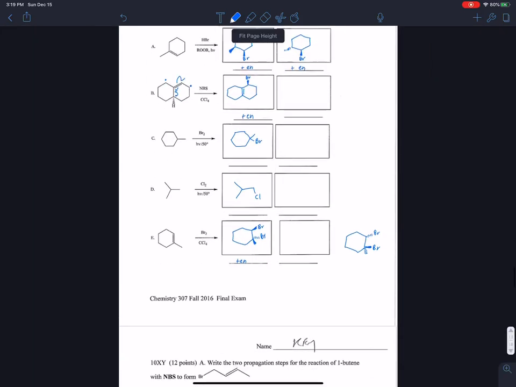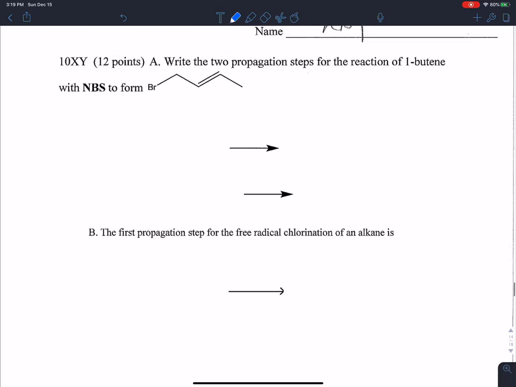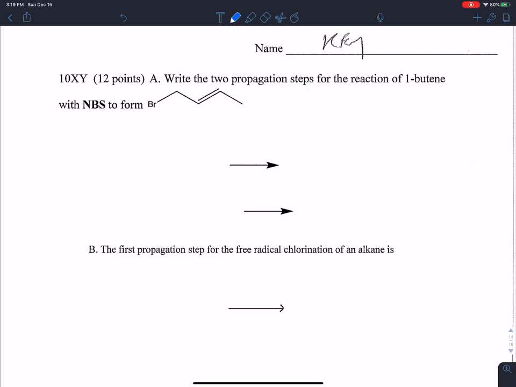So this is it. Next one, write the two propagation steps for the reaction of 1-butene with NBS. So this one was just like this. It's 1-butene, so I started with that. So let's make our 1-butene. This is your H. You have the Br with the dot. So half goes here, half goes here, and then the last half goes here. So once I make that, I get the little dot here. You do your little resonance.